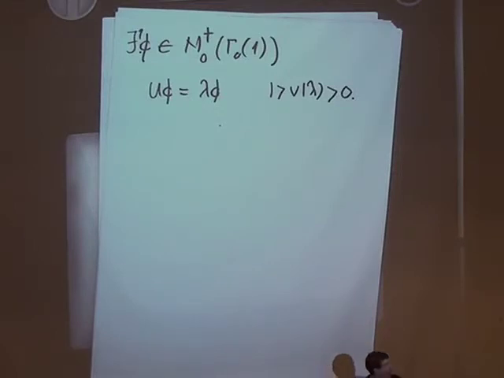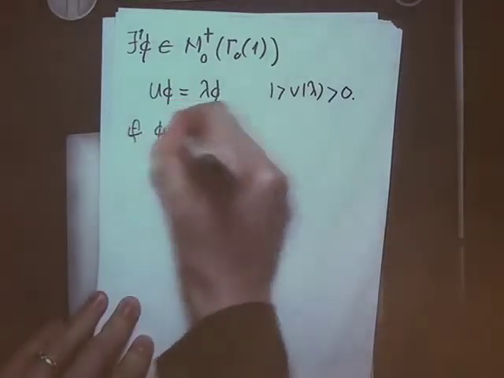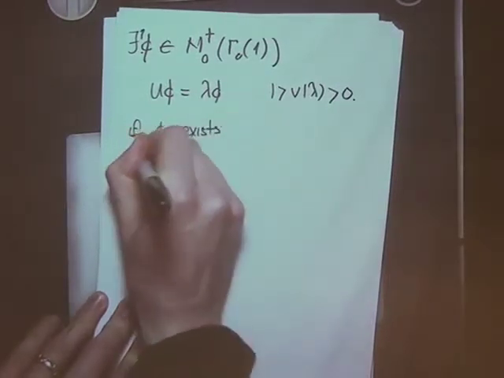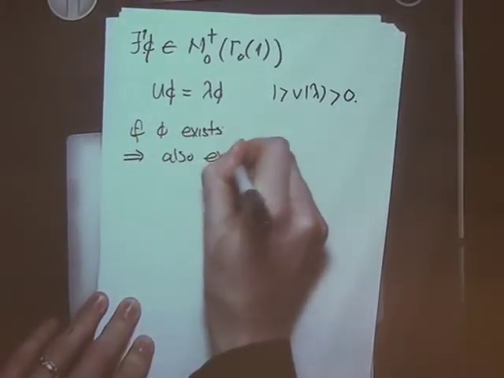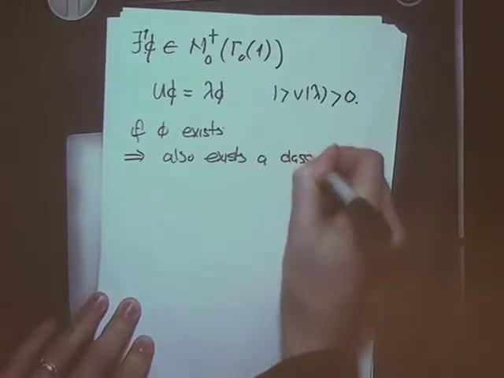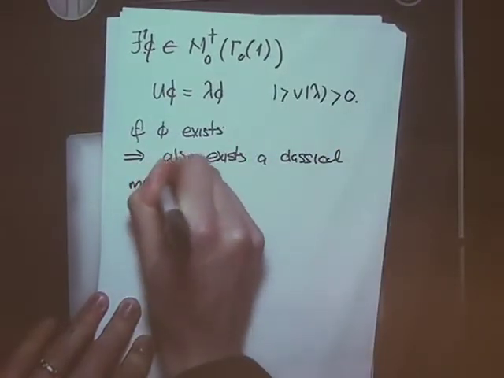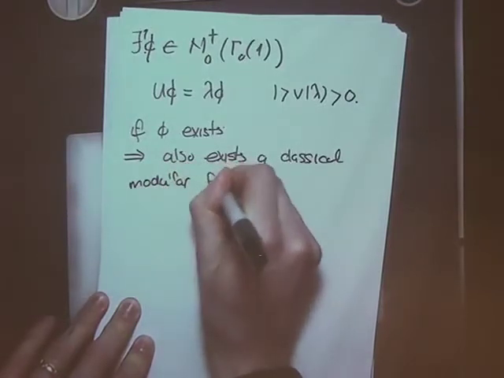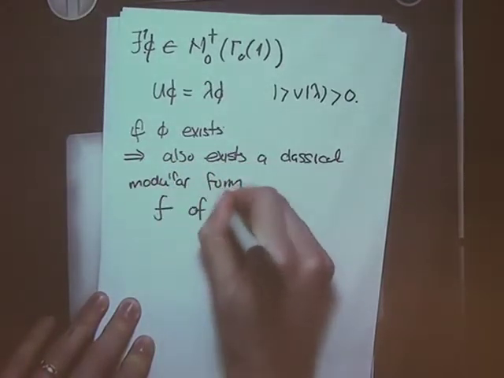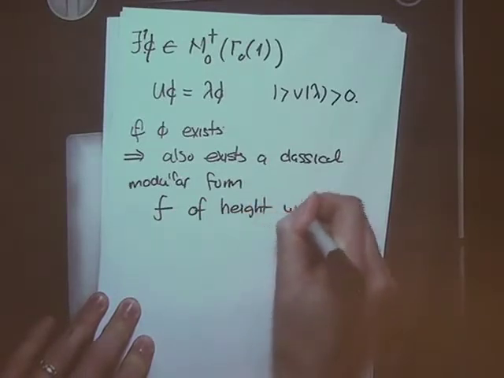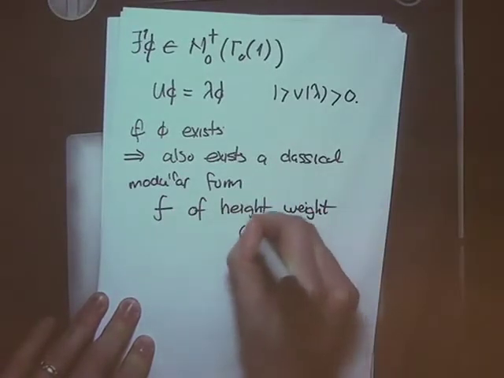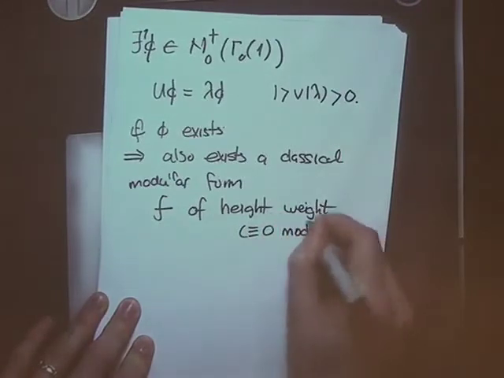So now you have to use something a little bit more, namely you have to use the fact proved by Coleman, which is in some sense the point of what Coleman did, was that these eigenforms actually deform in families. And from the existence of this, so if phi exists, then there also exists, in fact, a classical modular form F of high weight, but still weight congruent to 0 modulo P minus 1.